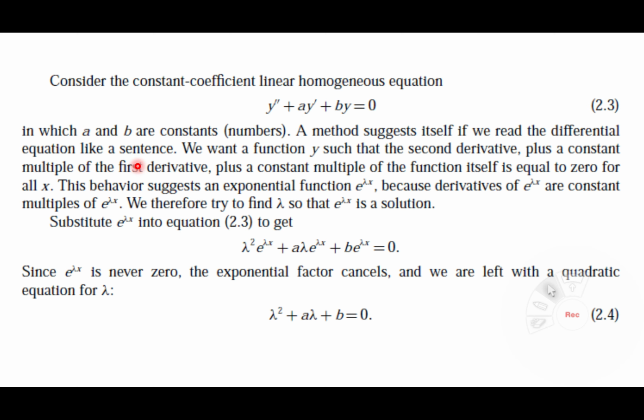This behavior suggests an exponential function, e to lambda x. Whenever you look at this, you are going to find that to satisfy this differential equation, we need the second derivative plus a constant times the first derivative plus a constant times the function itself to equal 0.